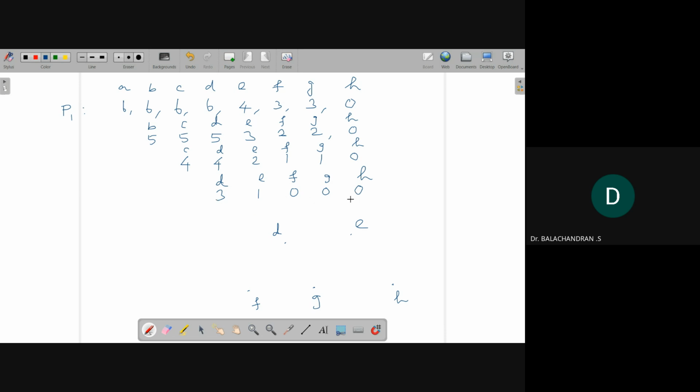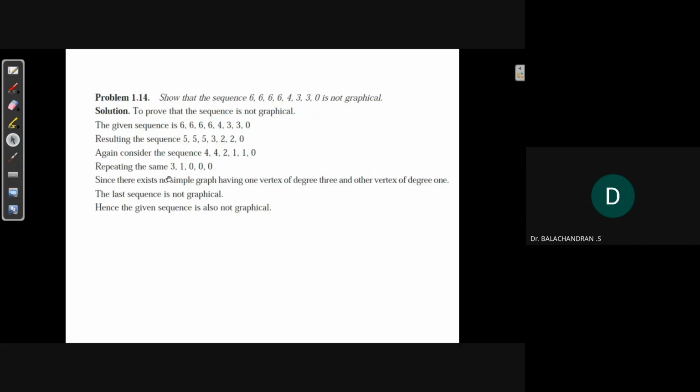So we reduce the problem, and then we check using the reduced degree sequence whether we can draw a graph or not. If it is possible to draw a graph using the reduced sequence, you can also draw a graph using the original one. If it is not possible using the reduced degree sequence, then it is also not possible for the original.